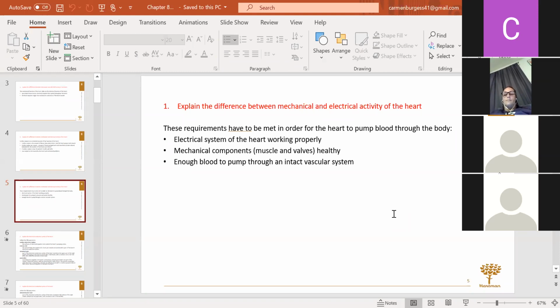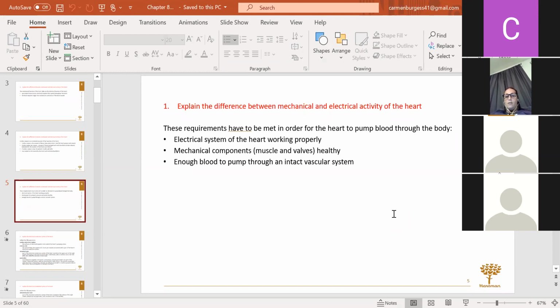If I get into a car accident and I have my foot amputated and I'm at the scene and I'm bleeding out, is my heart's mechanical function still working properly? Yes, it is, because it's still trying to maintain homeostasis. Did I have something happen to my heart? No. Did I have something happen to my foot? Yes. So did the mechanical part of my heart get messed up?